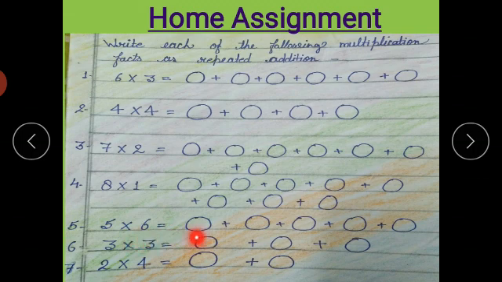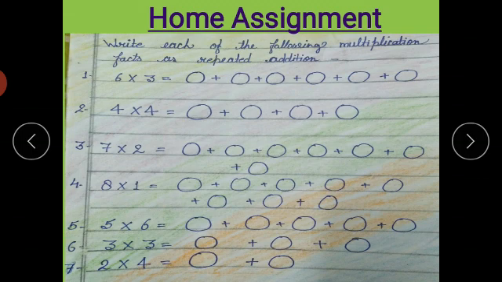So you have to write 3 plus 3 plus 3. Easy. Now the last, 2 multiplied by 4 means 2 times 4. So you have to write here 4 plus 4. Are you getting it, children? Yes, it's a very easy exercise. So this exercise you have to do on your own.